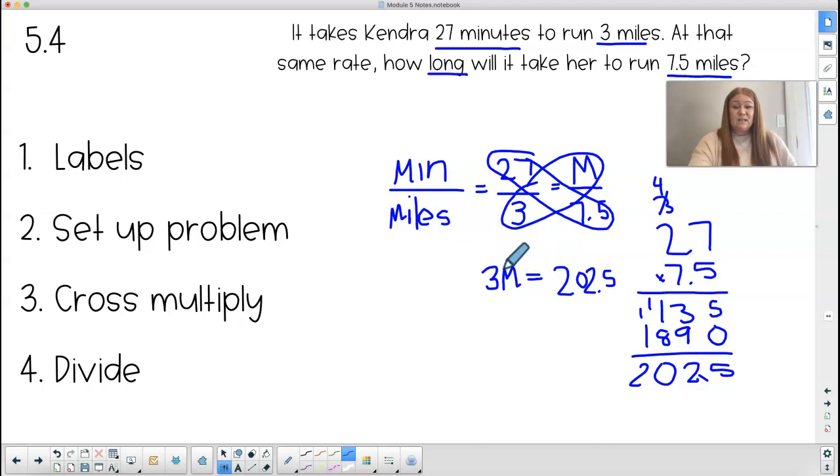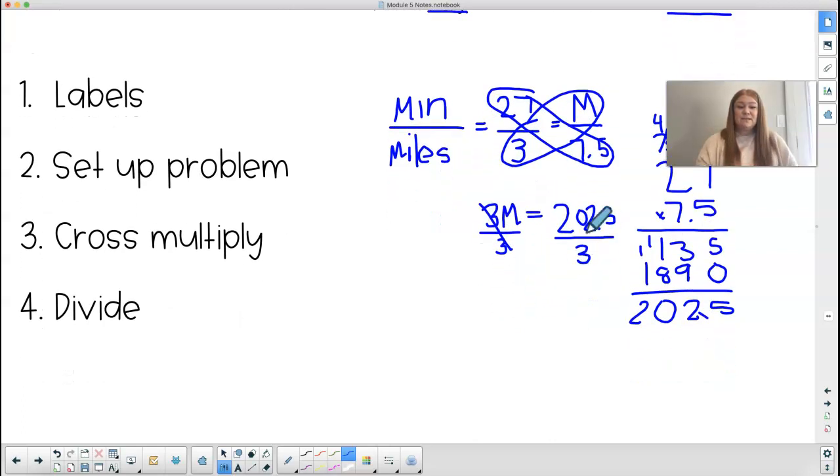So we want to keep this balanced. We've talked about the opposite of multiply is to divide. So we're going to divide here. But what we do to one side of an equation, we have to do to the other. So 3 divided by 3 gets rid of this. It's gone on this side, and we're just left with m, which is our minutes. So now we need to do it to this side. 202.5 divided by 3.